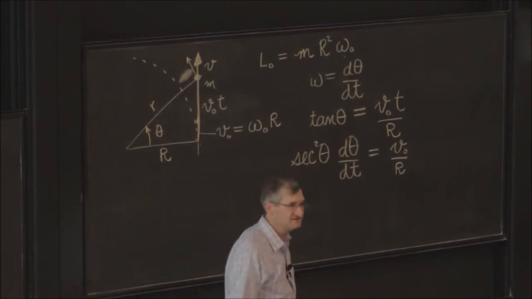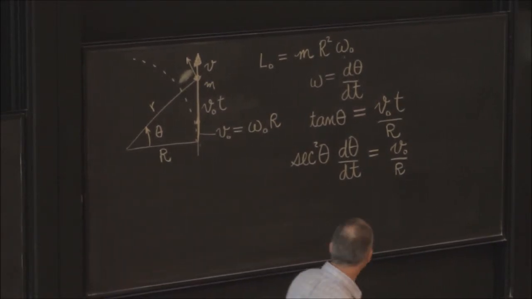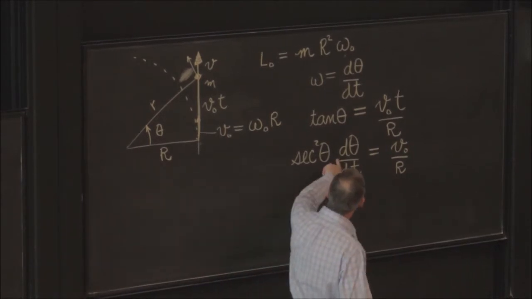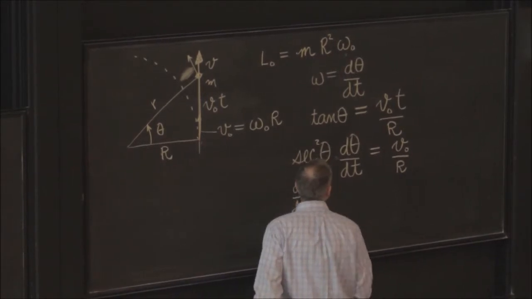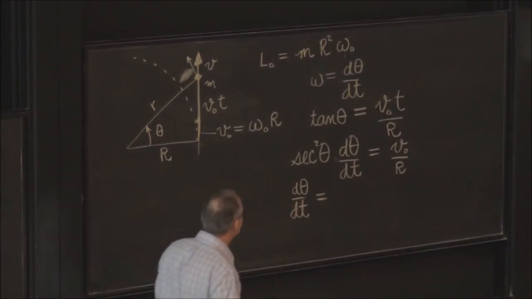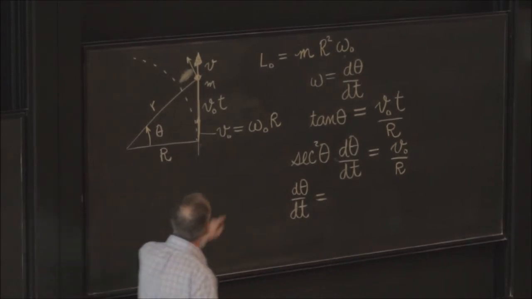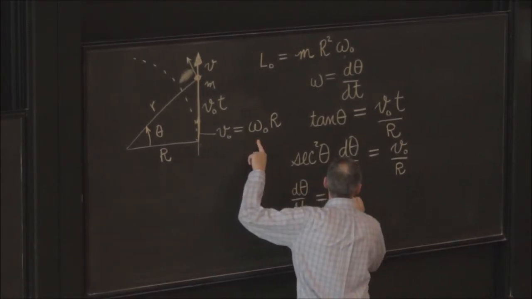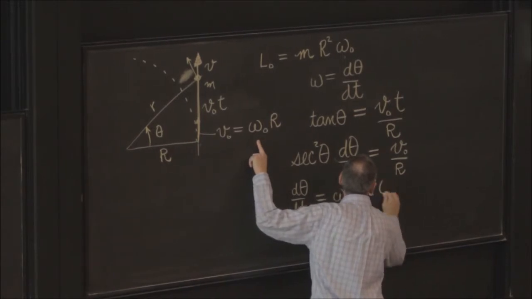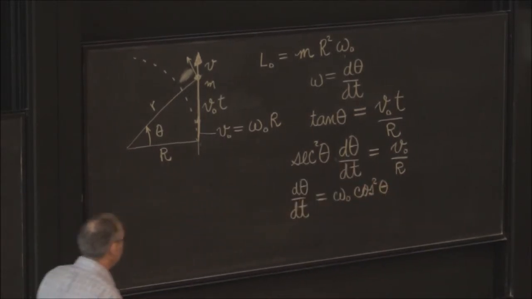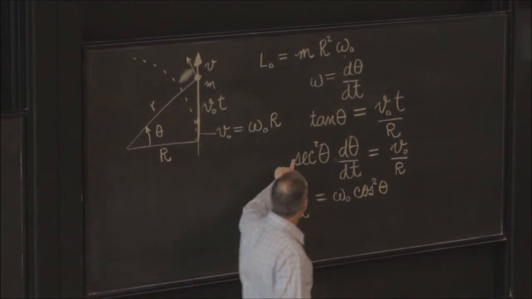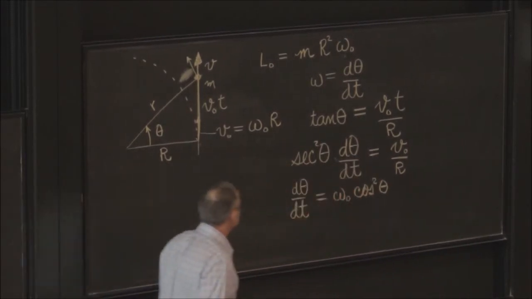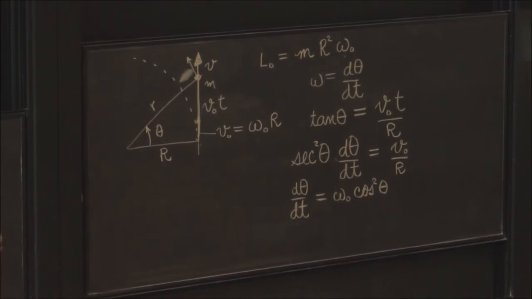What's secant squared? That's like 1 over cosine squared. So I wanted to know what this was. So d theta dt would be, hey, wait a second. What's v naught over r? That's omega naught. So omega naught times the cosine squared of the angle theta. Agreed? If I just multiply both sides here by cosine squared, that's what I get.